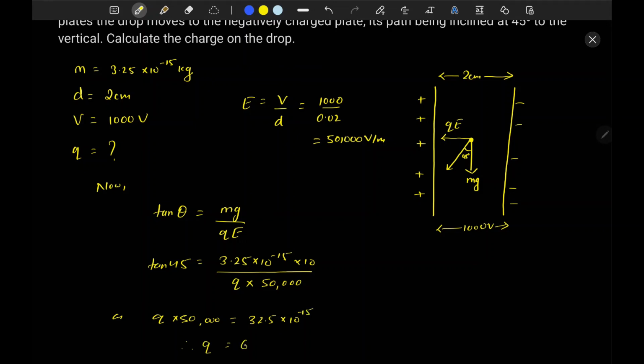Therefore Q is equal to 6.5 into 10 power minus 19 coulomb. This is the required answer.